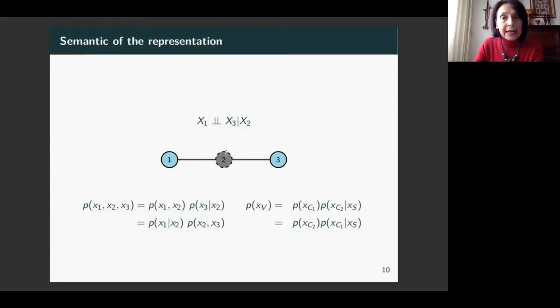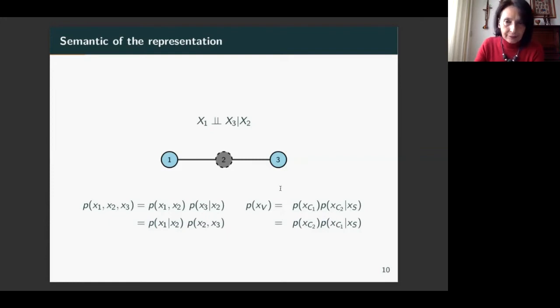So 2 is our conditioning variable that separates the remaining 2. And the factorization that we saw before, following this conditional independence, can also be read off in terms of graphical grains: factors defined on the joint distribution of cliques and on the conditional distribution of cliques given the separators.